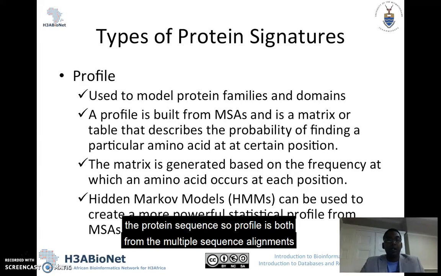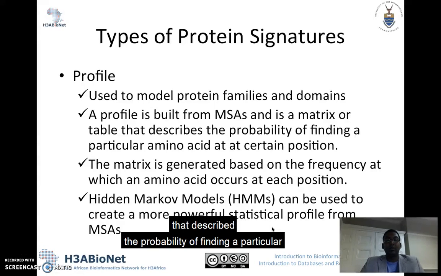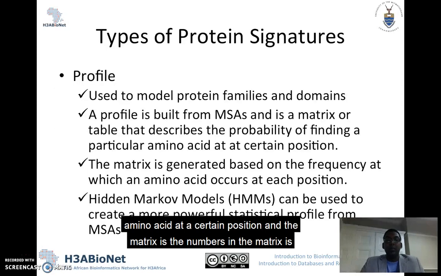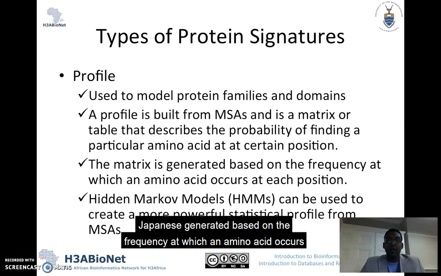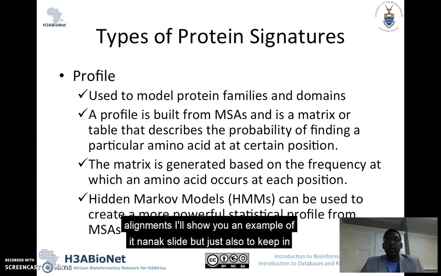So a profile is built from the multiple sequence alignment and is converted into a matrix or table that describes the probability of finding a particular amino acid at a certain position. And the numbers in the matrix are generated based on the frequency at which an amino acid occurs at that position in the multiple sequence alignment. Okay, and I'll show you an example of it now in the next slide.